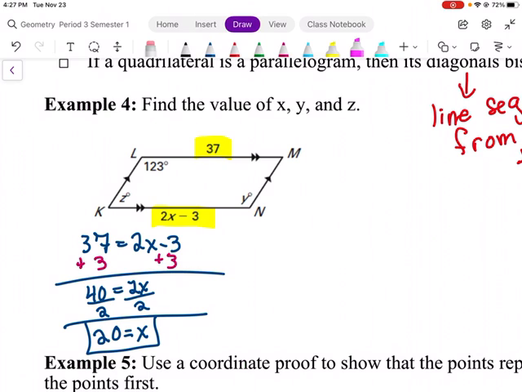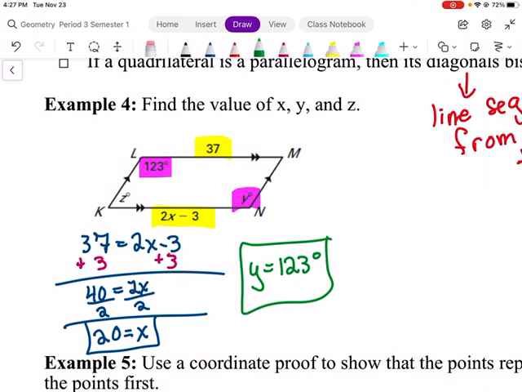And what you could have done next is 123 is equal to the angle across from it, which tells us y equals 123 degrees. And then the last part that we were told is that consecutive angles are supplementary.